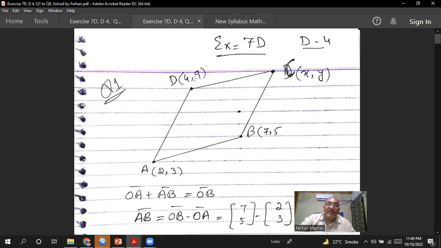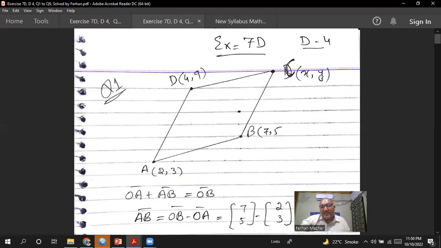And I know the coordinates of D, so I know the position vector of D, that will be OD, and that will be (4, 9) in the shape of a column vector.